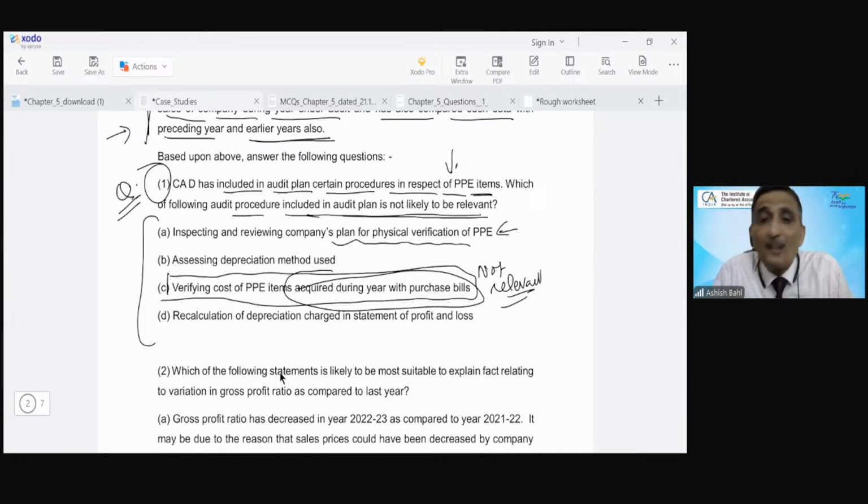Yes, guys, have you understood it? Have you understood the question and what its solution was, how it was to be answered?